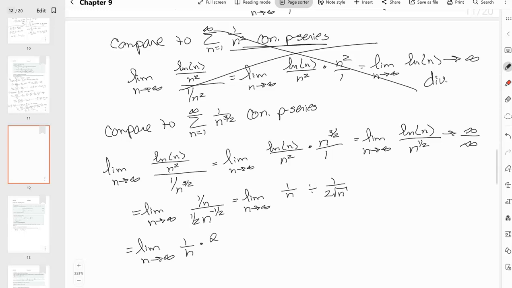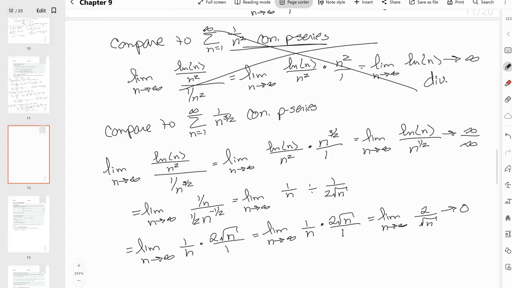So 1 over n times 2 square root of n over 1. So the limit as n goes to infinity of 2 over square root of n. And this guy is going to head to 0.